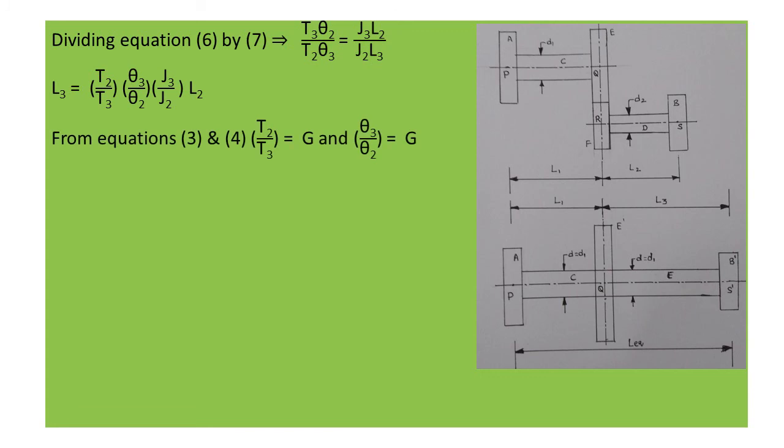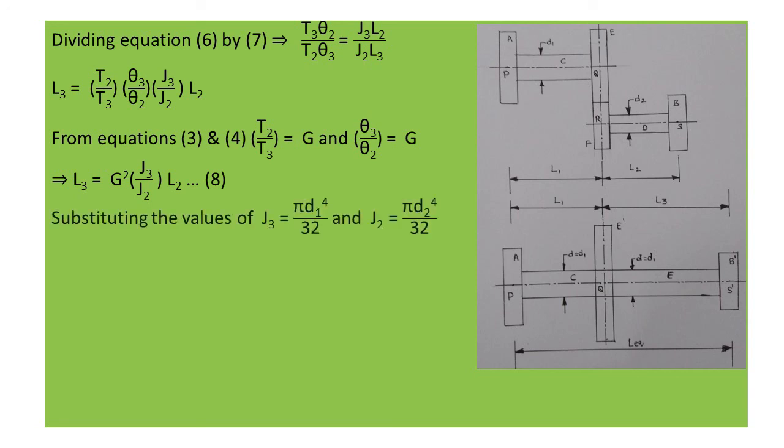From equations 3 and 4, T2 by T3 equals G and theta 3 by theta 2 equals G, where G is the gear ratio. It implies L3 equals G square J3 by J2 into L2. Let us say this is equation 8.